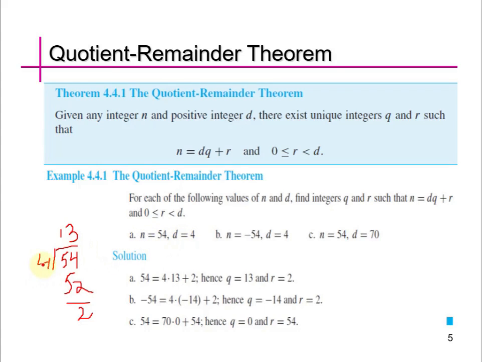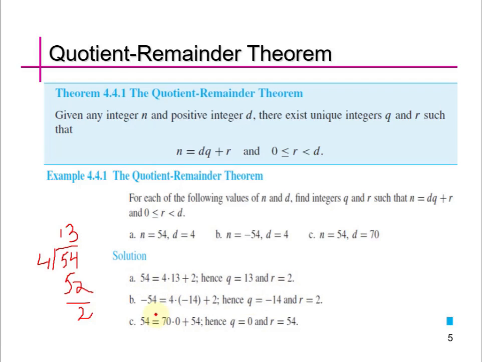Here we can see that when we divide 54 by 4 and multiply by 13, we get 52, and here 2 is the remainder. So we can relate it like 54 is equal to 4 into 13 plus the remainder, which is 2. So q is equal to 13 and r is equal to 2 in this case.